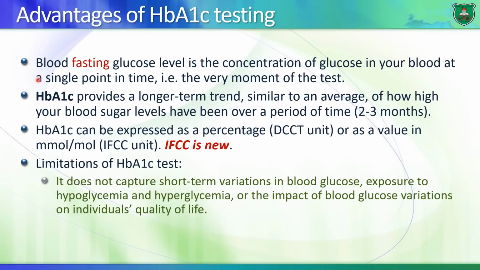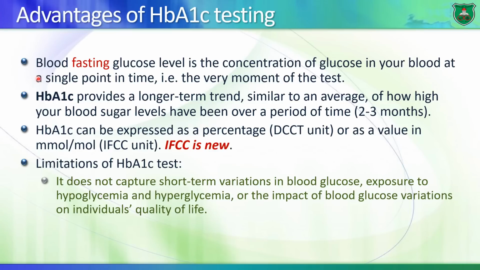So usually, there are two tests for diabetes. The first one is the blood fasting glucose level, where basically a person would fast overnight, next day the blood is drawn, and the total glucose level is measured. And it should be between 80 and 120.